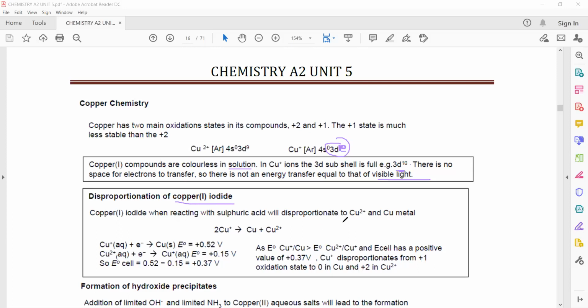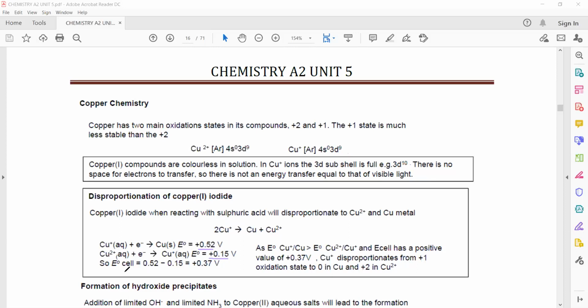So when we react it with sulfuric acid, what happens? Basically, copper 1 is reduced to copper atom and it is also oxidized to copper 2. Why does this happen? Because when we work out the electrode potential, when the copper 1 ion gains an electron, the electrode potential is 0.52. When the copper 2 ion gains an electron, the electrode potential is 0.15.